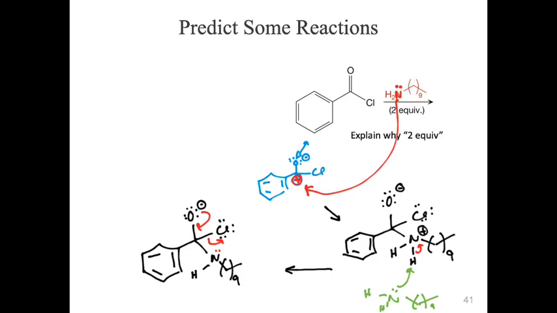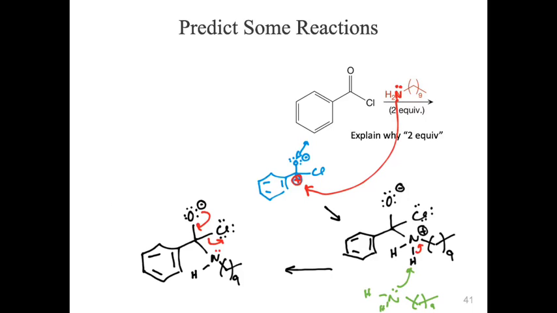Okay. So let's run through that second equivalent thing, because if you rewind the video like 15 minutes, you're going to be like, but wait, didn't you? Yeah, we'll address that in a second. We need two equivalents of the amine, because when the amine reacts, half of the amine is going to act as a base and deprotonate.